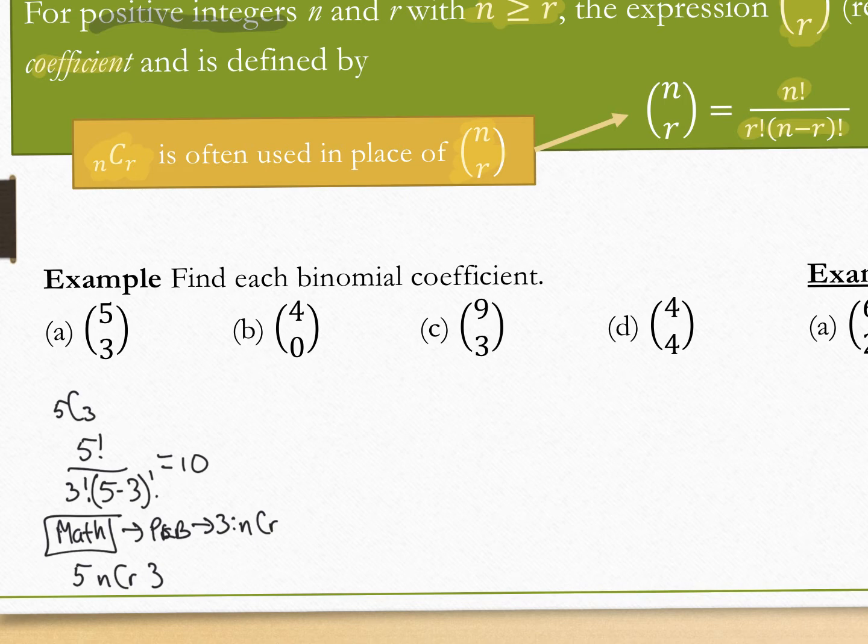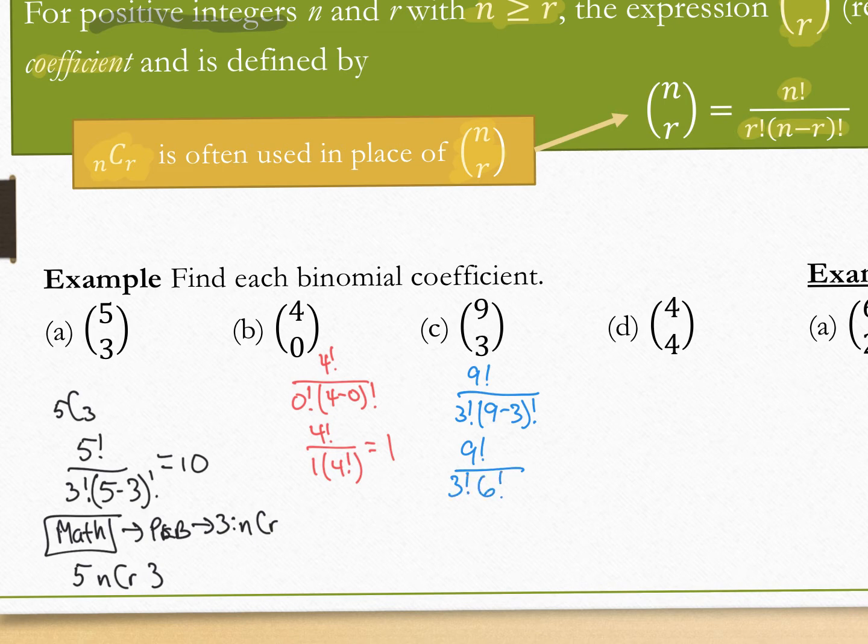Let's look at the next one. 4 factorial over 0 factorial times 4 minus 0 factorial. We know 0 factorial is 1, and so this answer is just 1. If we do 9 factorial over 3 factorial times 9 minus 3 factorial, that's 9 factorial over 3 factorial, 6 factorial, and we can type that all into a calculator.